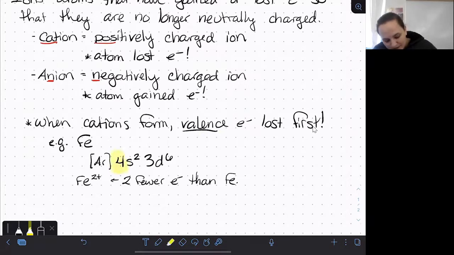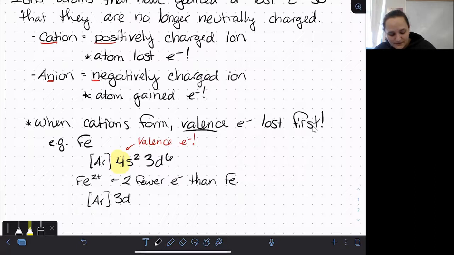So because this 4 is the highest shell number that we have, that 4s2 is my valence shell, my valence subshell here. So those are the electrons that are going to get removed first. So my electron configuration for the iron ion is going to take away those 2 electrons from the 4s, and that leaves these guys in the 3d6.